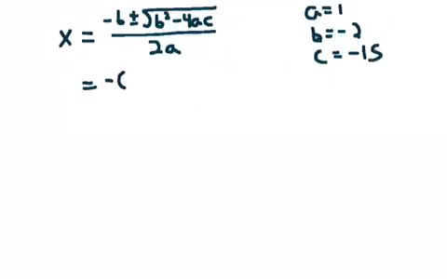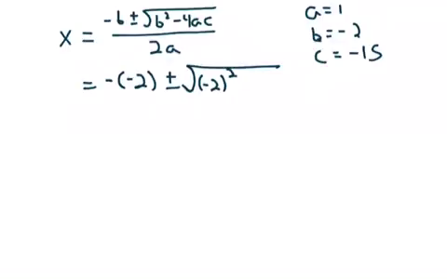So I say negative 2 plus or minus, which means we're going to have two solutions in the end, the square root. This is b squared, so we've got negative 2 squared, minus 4ac.